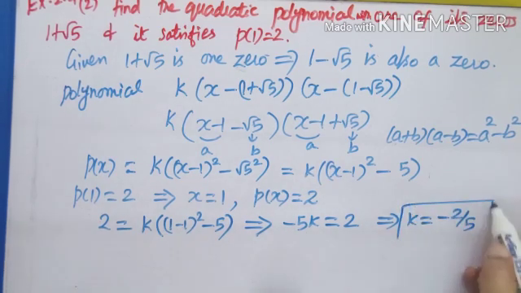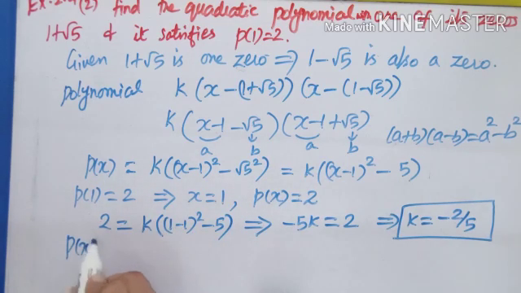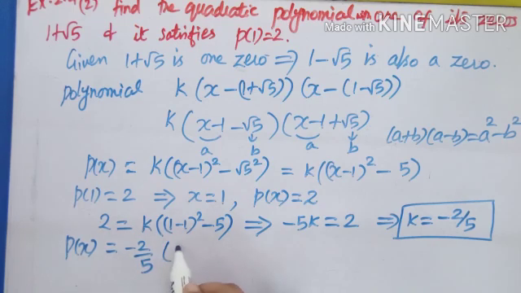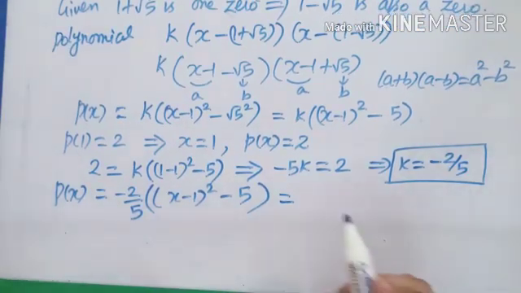So once I get k, put it back in p of x. So what is p of x? K value minus 2 by 5, x minus 1 the whole square minus 5. I can stop the answer with this or further expand that x minus 1 the whole square.